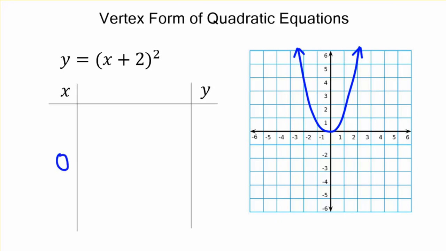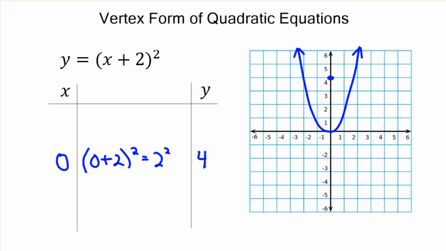Well, let's start with 0. We're going to first take 0 and add 2. We're going to find out what is y for the x-coordinate that is 2 to the right of it. It's going to be 2 squared, which is 4. So instead of being 2, 4, it's now going to become 0, 4.